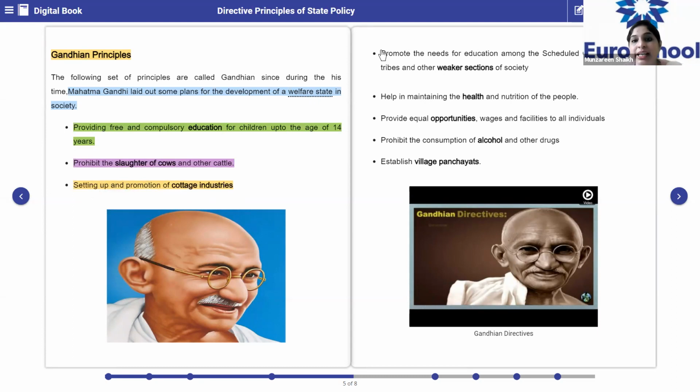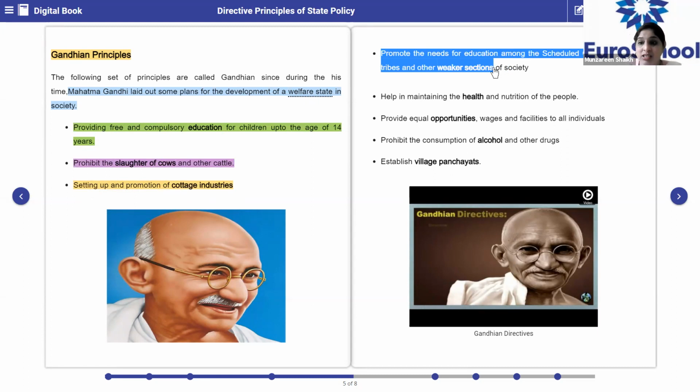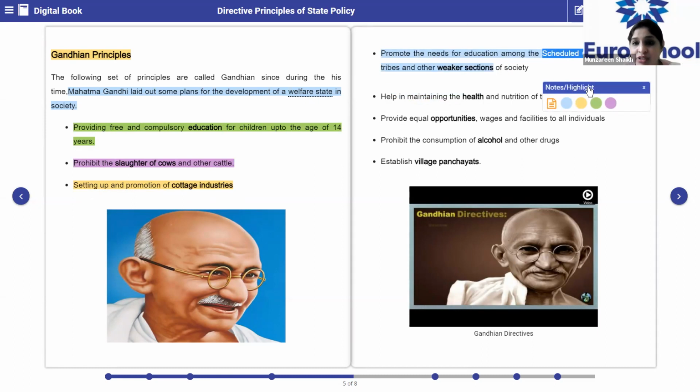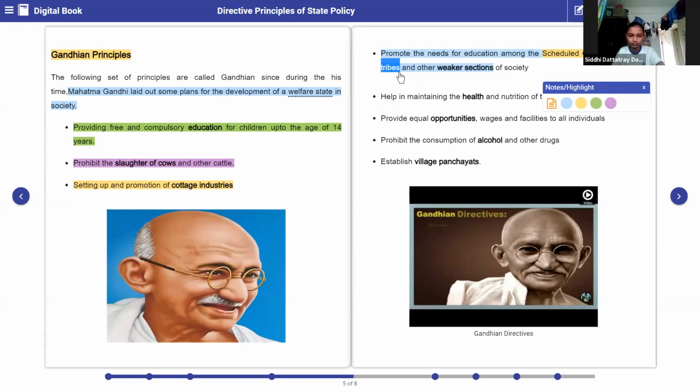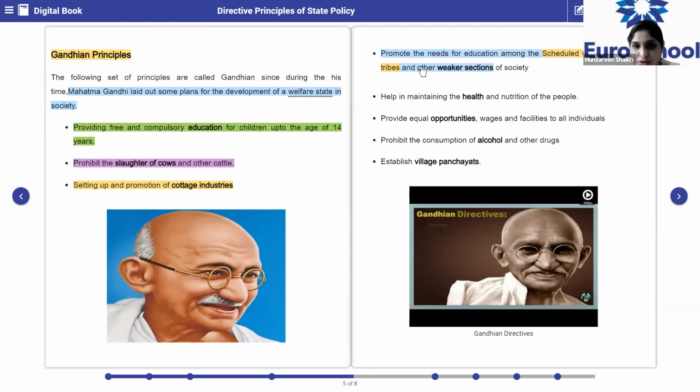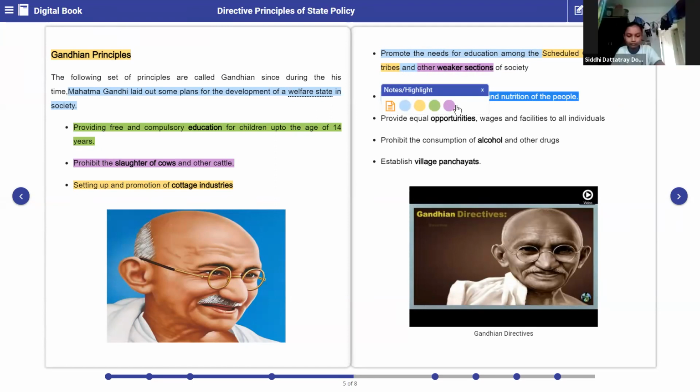Fourth, promoting the needs for education among scheduled castes, scheduled tribes, and the weaker sections of the society. That means making these people, who are usually considered weaker sections of society, aware. Who are the weaker sections, children? Scheduled castes, scheduled tribes, and other weaker sections. So helping them with education. Next, help in maintaining the health and nutrition of the people.